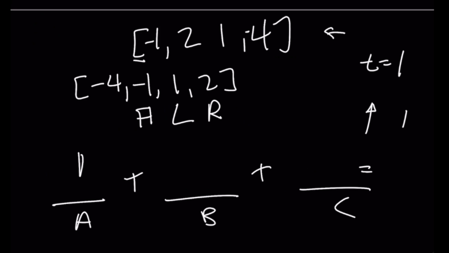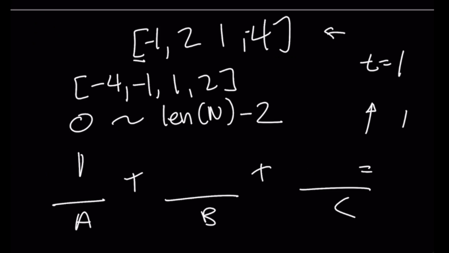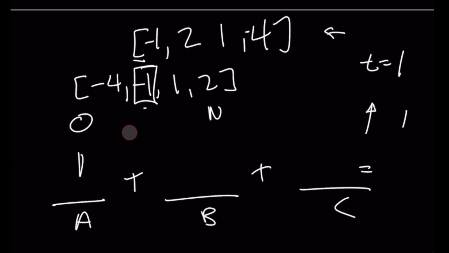So we know from observations that we have to iterate to length of n minus 2 or 3, depending on how you're counting. So that's actually the whole solution. Now, obviously, we have to be able to return and compare our targets, but that's very trivial, so I didn't really go into detail. But that's how we solve the question.